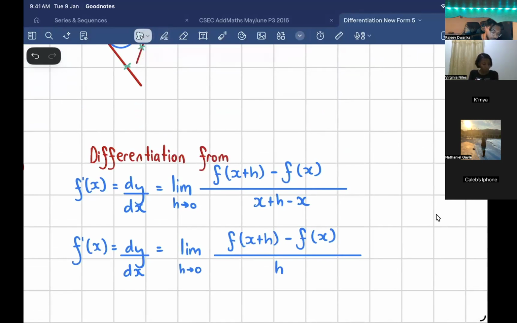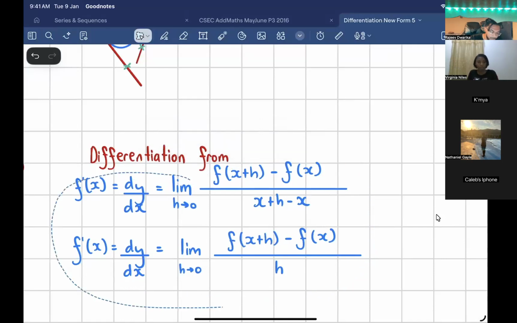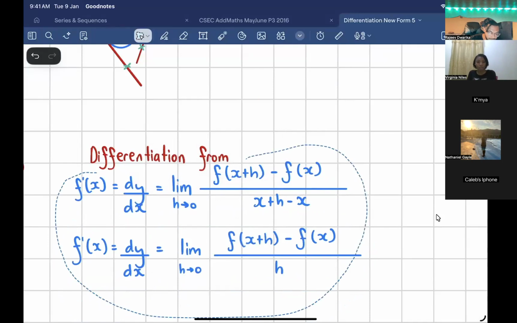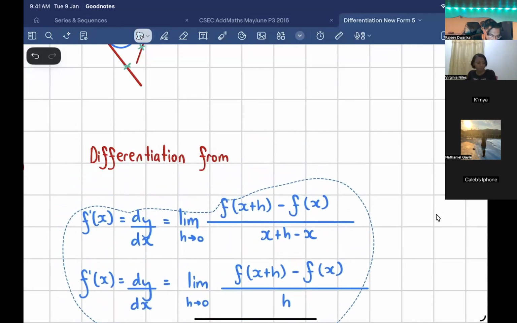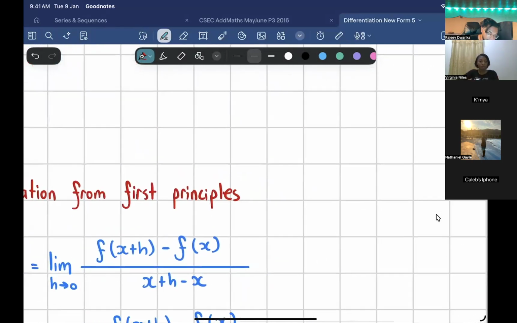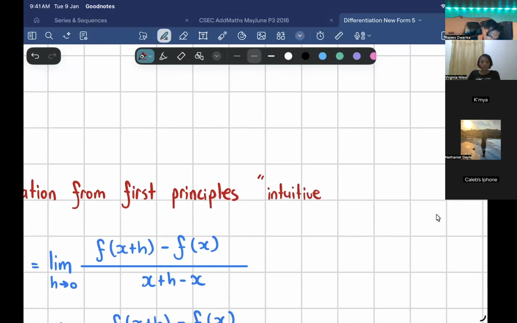If any question asks you to find the first derivative from first principles, you use this formula. And of course, I will show you how to use the formula to get your answer. CXC likes to say very vaguely that this is the intuitive approach, whatever that means.